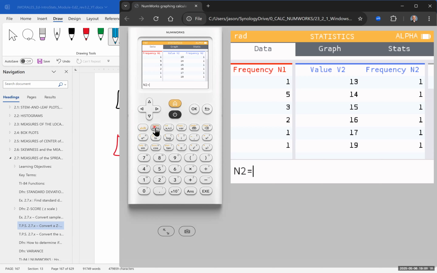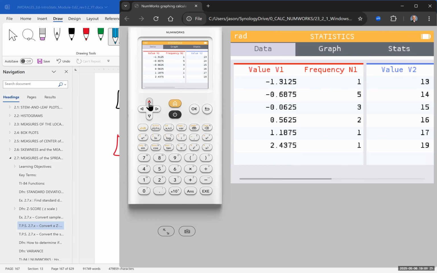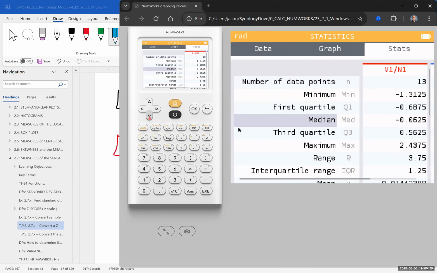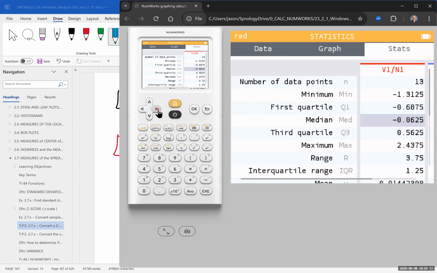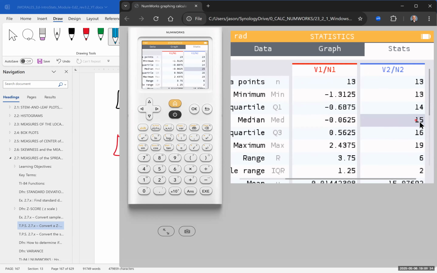So Shift Alpha N1. And let me see what the median is for V2 and N2. So I'm going to go up to the Stats tab. And the median is 15. The median is 15.